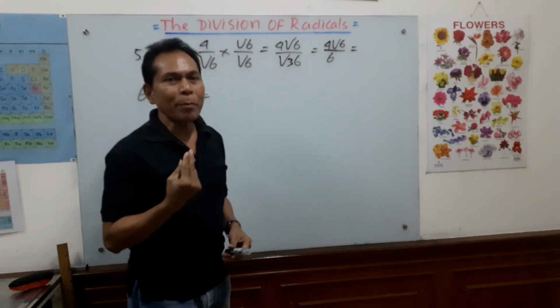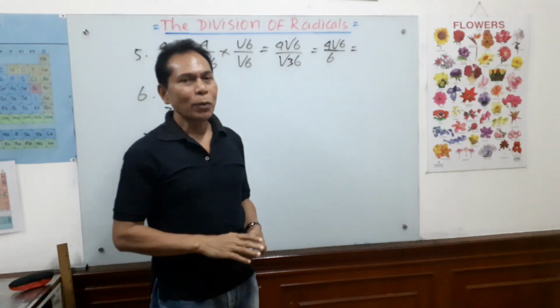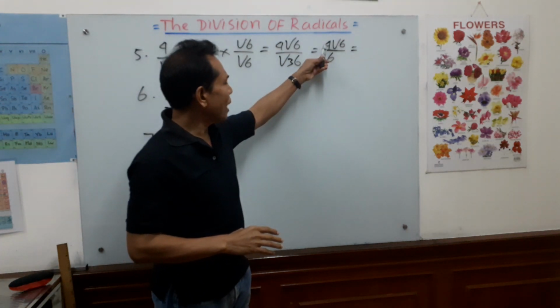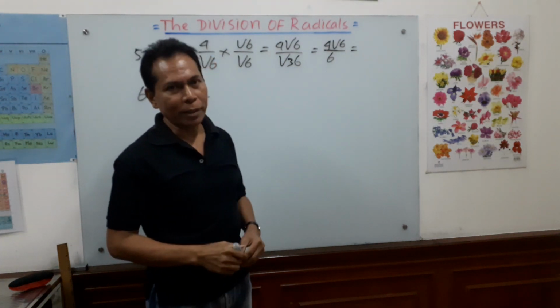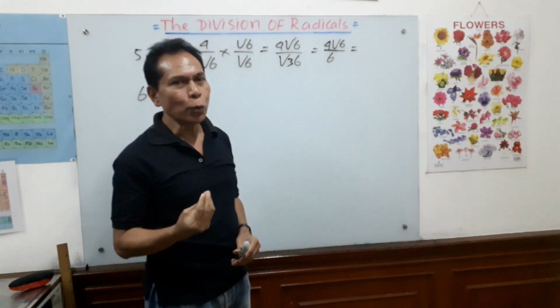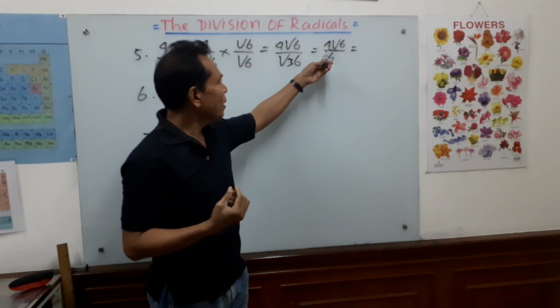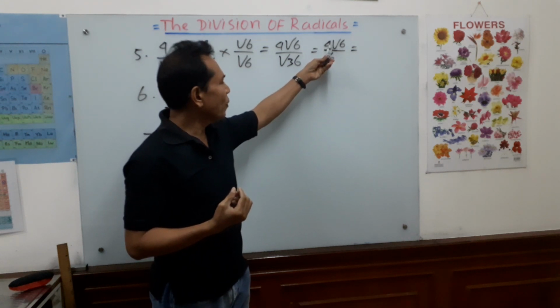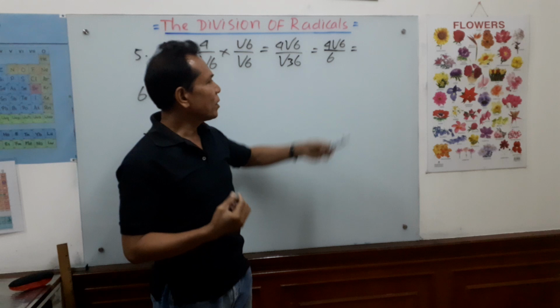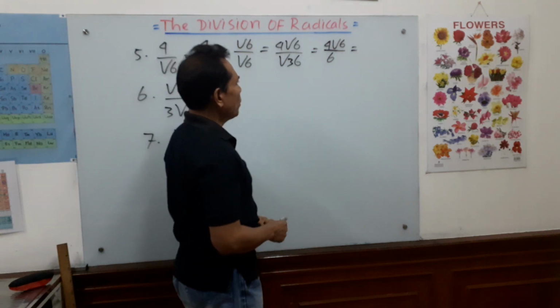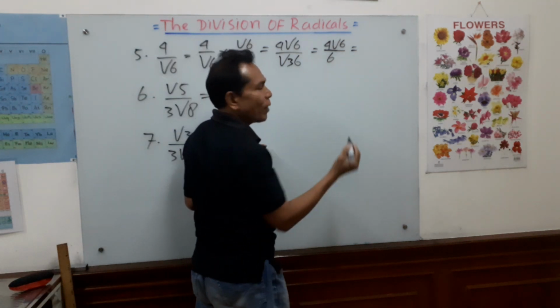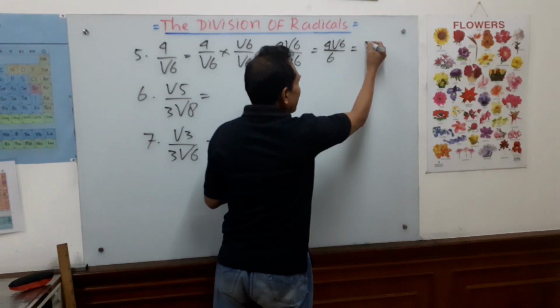We pick up a number with which we can divide our numerator as well as denominator. So if we take 2, it's a good number, okay? 2 is a good number where we can divide 4 with, we can divide 6 with. So 4 divided by 2 is 2.